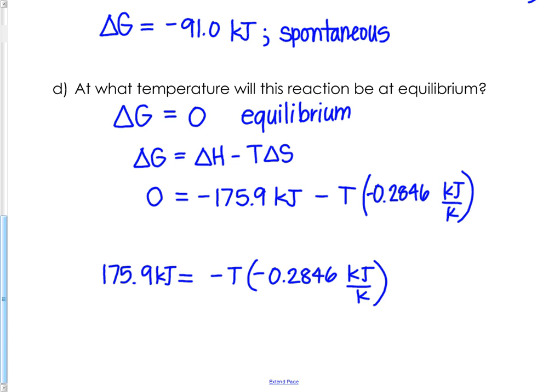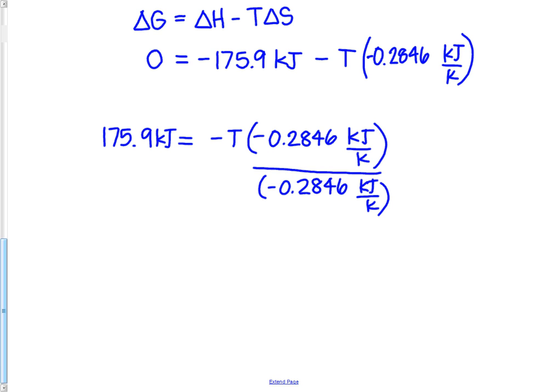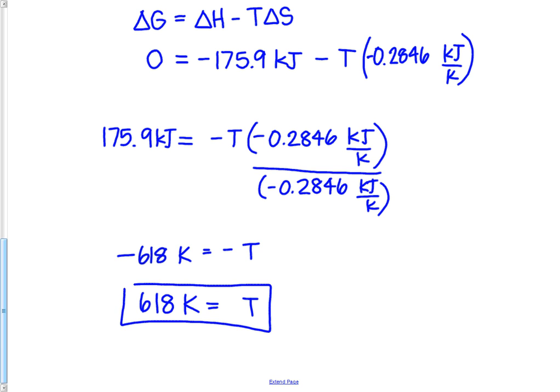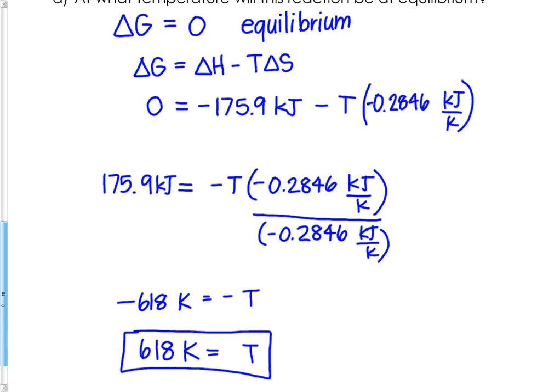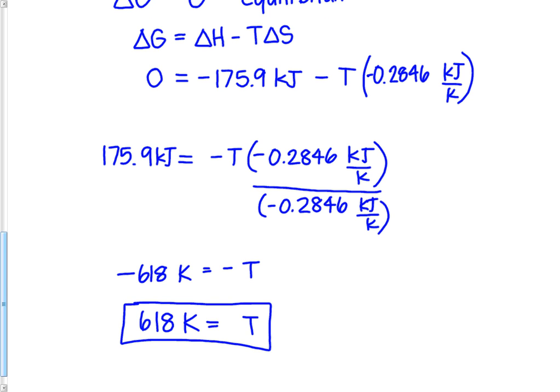And if we divide both sides by this negative value, you're going to get an answer of negative 618 Kelvin equals negative T. And so hopefully you can figure out quickly that T must be equal to 618 Kelvin. So this reaction will be at equilibrium when the temperature is 618 Kelvin. And that is how you use that formula. So we will practice more with this in class, but hopefully this covers the basics for you.